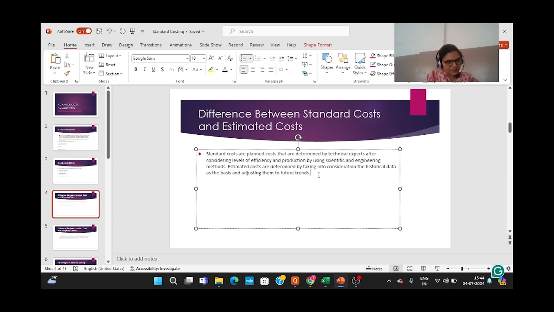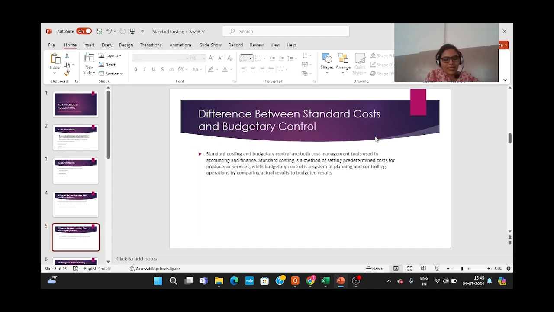If there is a certain deviation from estimated cost, you cannot fix the responsibility on any person. But in case of standard cost, if there is a certain deviation, surely we can fix the responsibility. So this was the difference between standard cost and estimated cost.